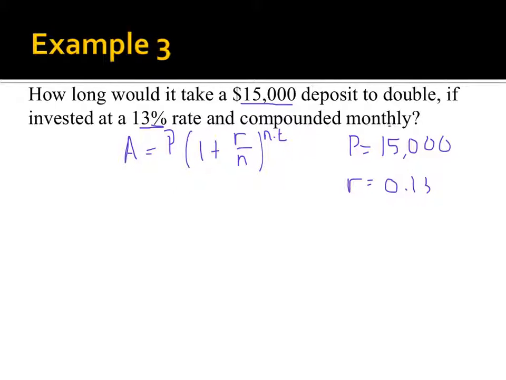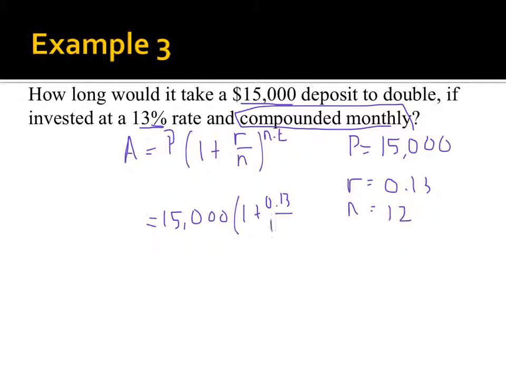They said monthly, which means that our N is equal to 12. And so far in this formula, I have a P, which is 15,000. I have the R, which is 0.13. I have the 12 here, and I'm missing the T and the A.